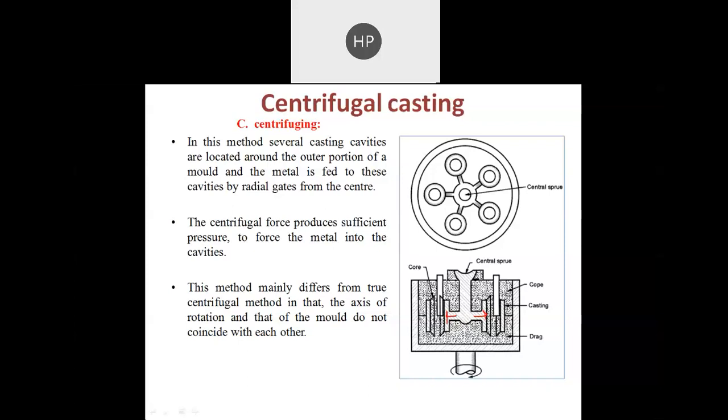And in that one, the central sprue is used. From that central sprue, the molten metal is fed, and due to the centrifugal force, all the molten metal goes inside the hollow cavities of different shapes.